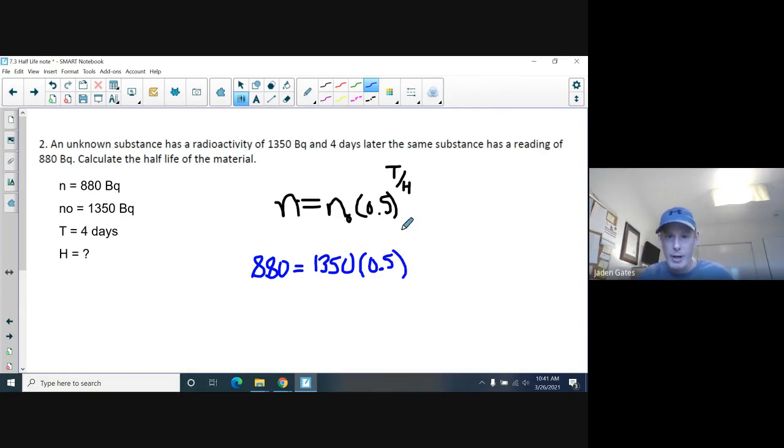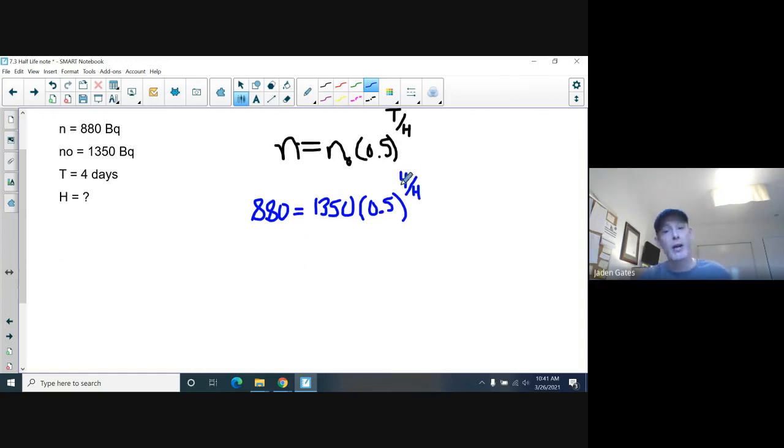Now this time I got a 4 divided by H. So now again, guess what? I'm solving for an exponent. But before I do that, just like I did last time, I'm going to divide both sides by my N naught, which in this case is the 1350.